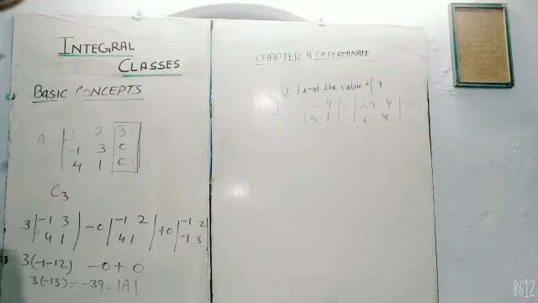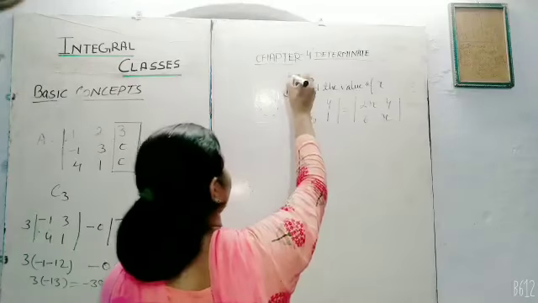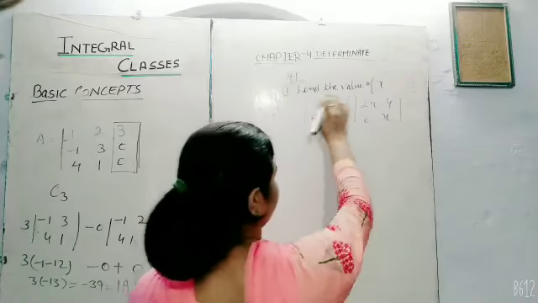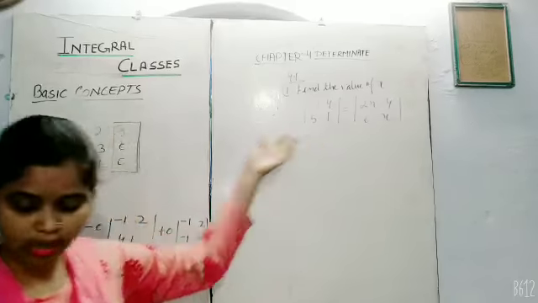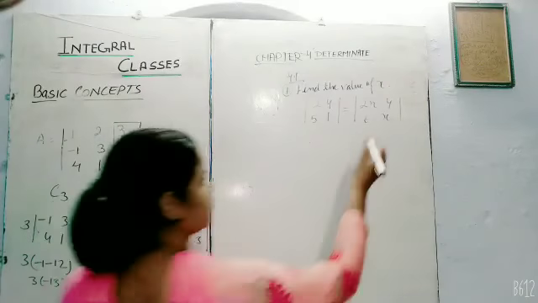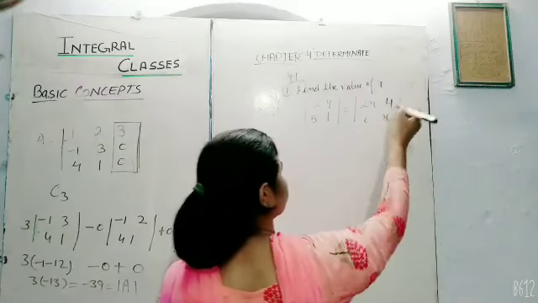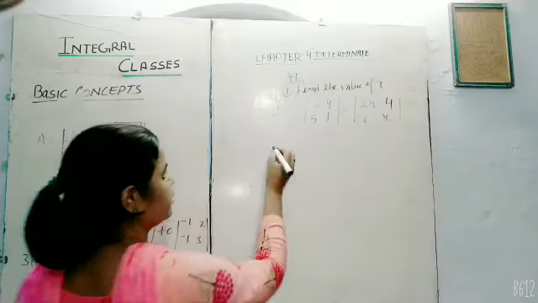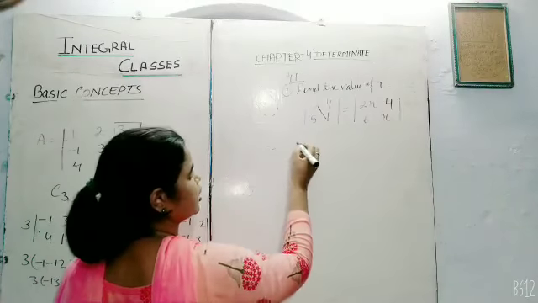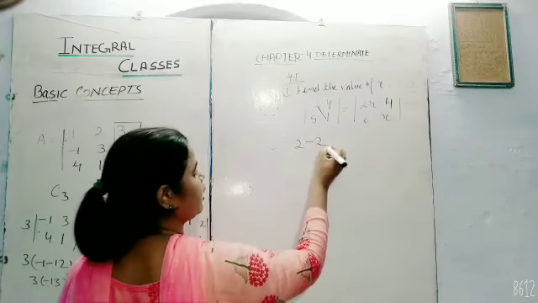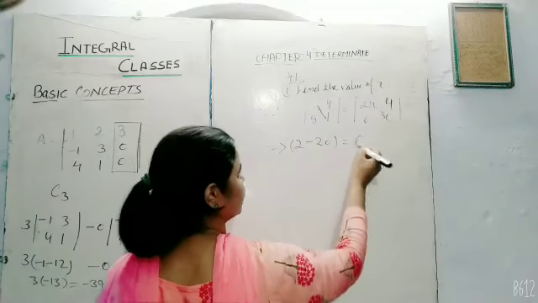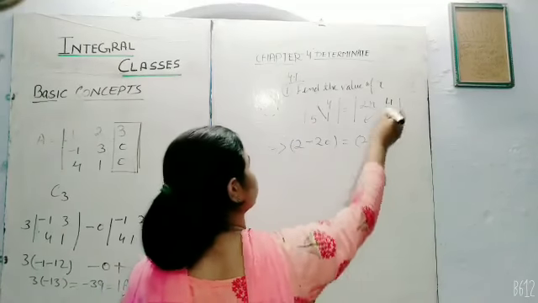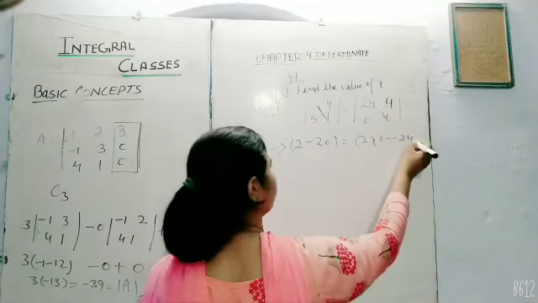Question number 7 of exercise 4.1. How can we find the value of x if two determinants are given equal? It is x, not Y. So we solve both sides. Determinant: 2 into 1 is 2, 5 into 4 is 20, and on the other side 2x into x is 2x square, 6 into 4 is 24.